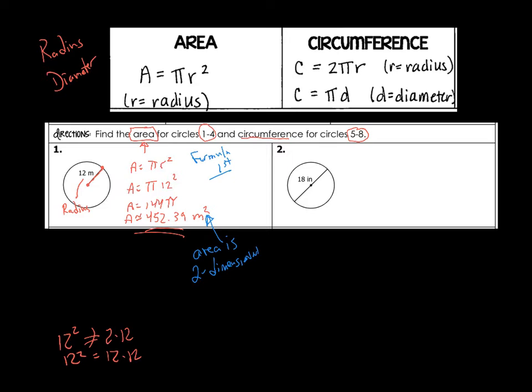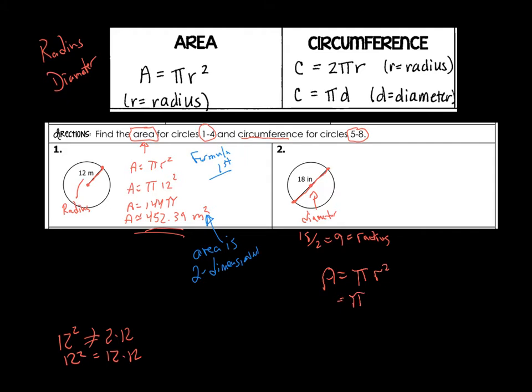Second question. I have this segment whose endpoints are on the circle, and it passes through the center. So I think that I've been given the diameter. So 18 divided by 2 is equal to 9, is equal to the radius. So area is equal to pi r squared.